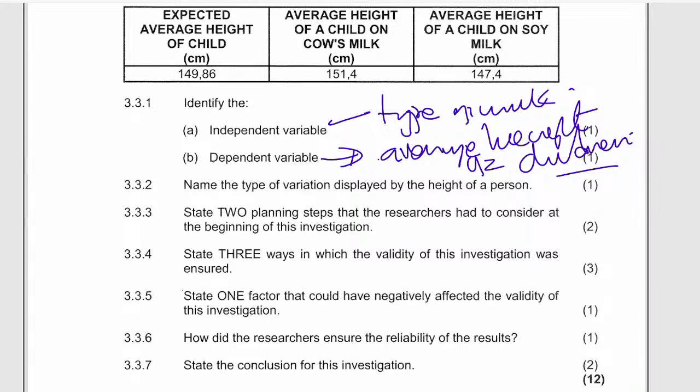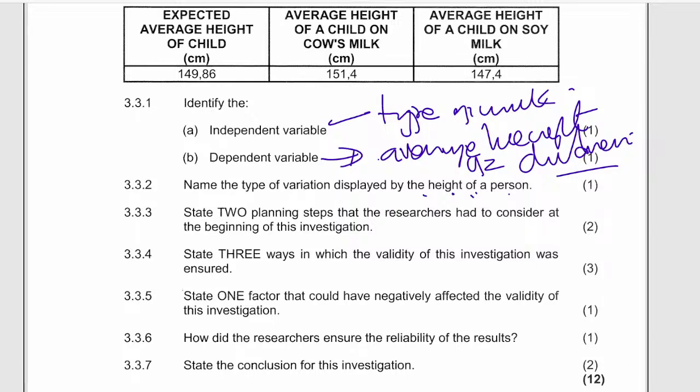All right. They are saying, name the type of variation displayed by the height of the person. Because you have short, medium, long, whatever, it is continuous. I told you that if you see a character which does not resemble you since you were born, and now it's changing, then that is continuous variation.